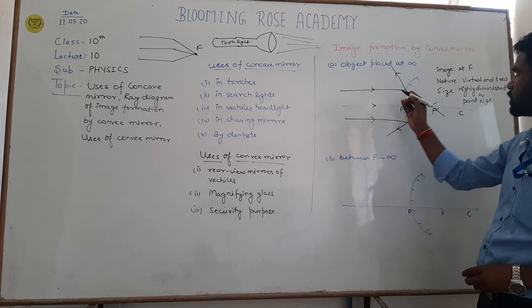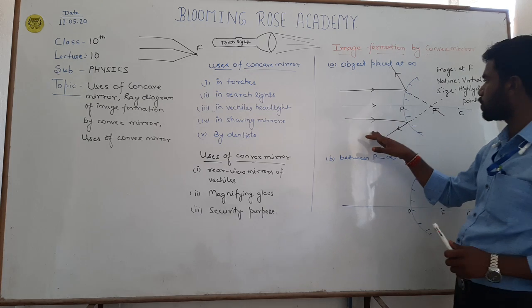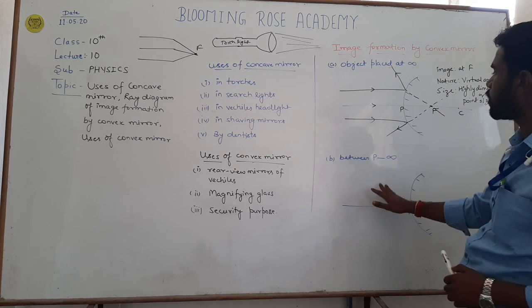So this is one of the 2 possibilities of image formation by a convex mirror.